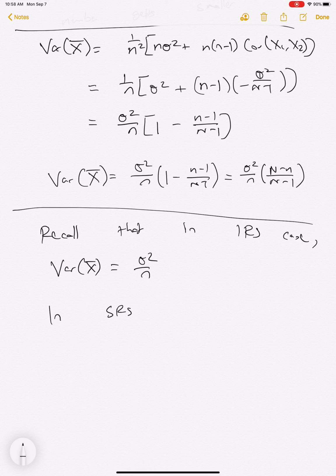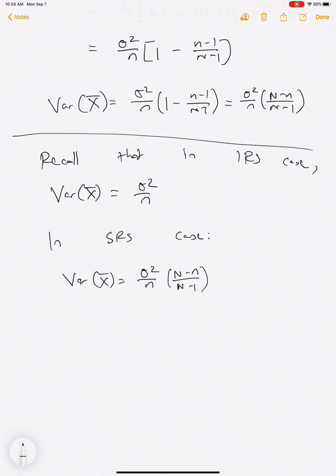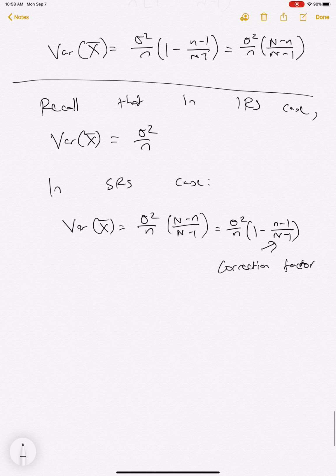And then in the SRS case, variance of x bar equals sigma squared over n times... so this is the correction factor. Correction factor, big N minus little n over big N minus 1.